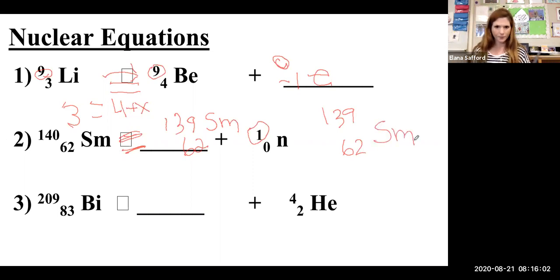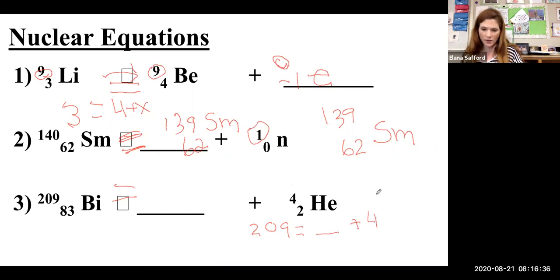Okay, very good. All right, number 3. Just like before, I'm going to make this an equal sign. So 209 is equal to something plus 4,2He. So really just think about it as, I'm going to do my mass number first. 209 is equal to some number plus 4.